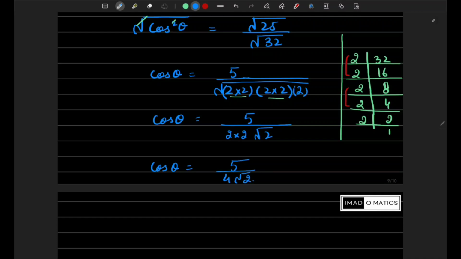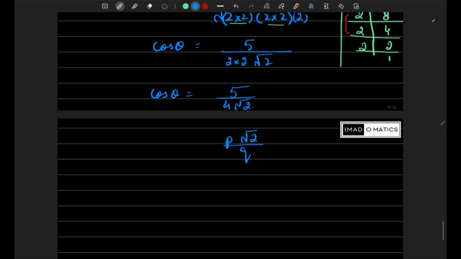This is the answer, but we have to find the answer in the form of P under root 2 over Q. So to simplify this, to remove the root 2 from the denominator, we multiply and divide cos theta equals 5 over 4 under root 2 by under root 2.